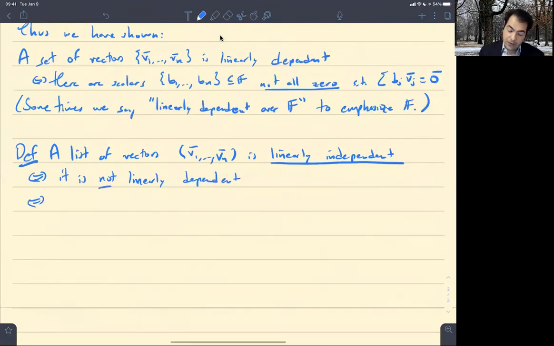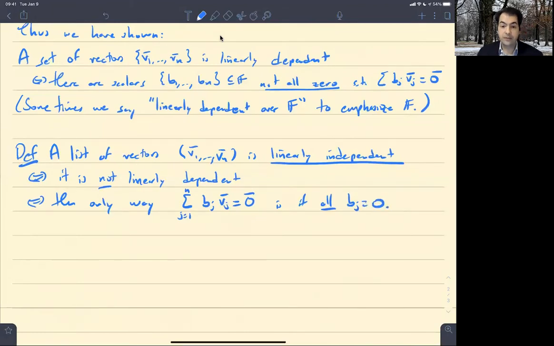If and only if the only way that I can take a linear combination of these vectors and get 0 is if all of the coefficients are equal to 0. Okay, so that's what it means to be linearly independent. It means that if you write 0 as a linear combination, then you know that all of the coefficients have to be 0.